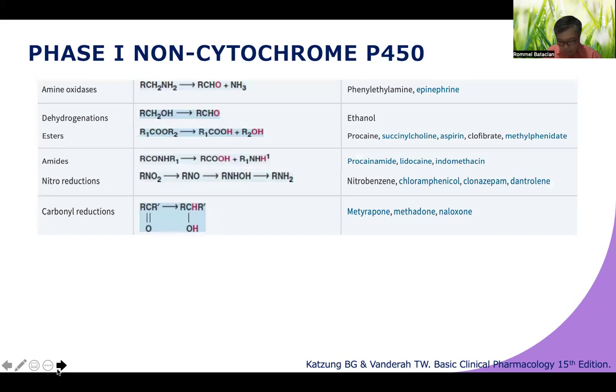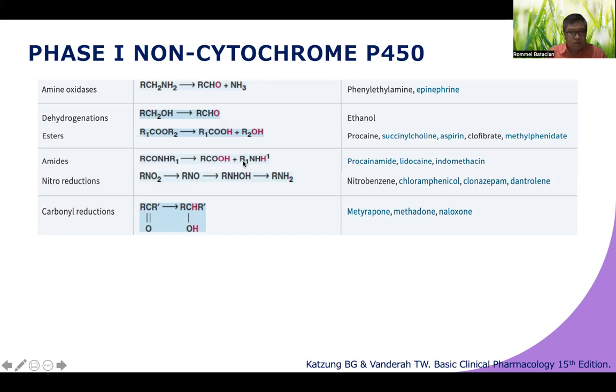So going back, here are some phase 1 reactions. Epinephrine is oxidized and the amine group is separated from the side chain. There could be dehydrogenation, such as with alcohol and aspirin, which is an antiplatelet.